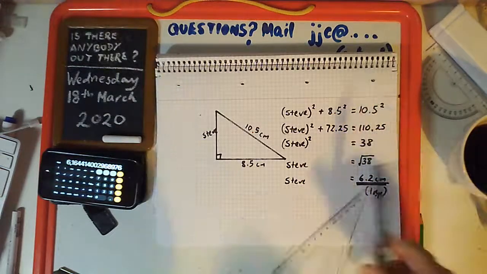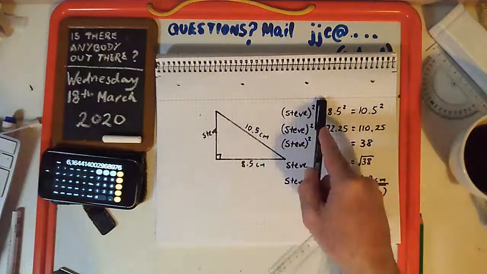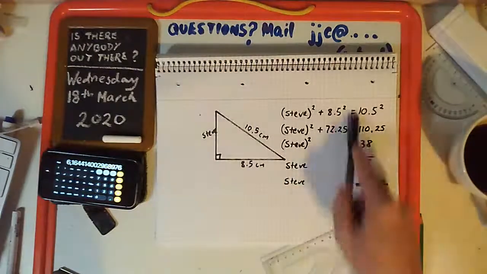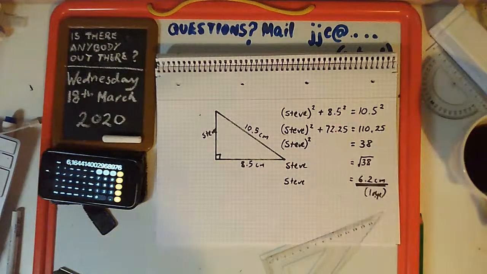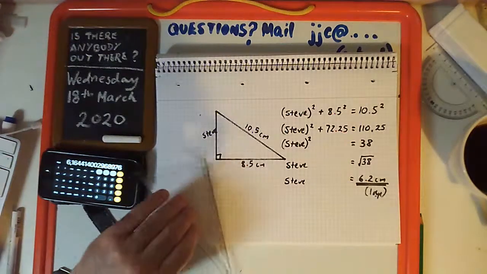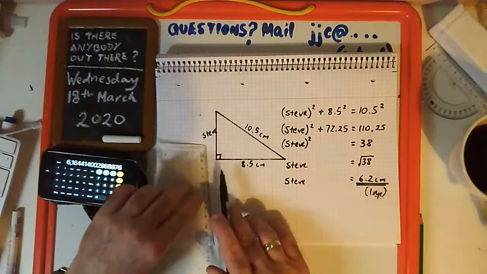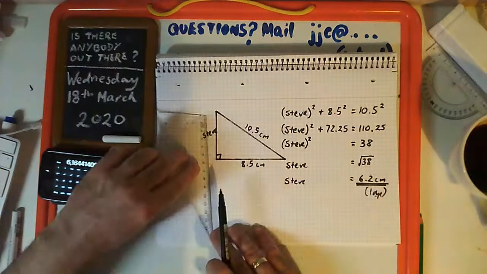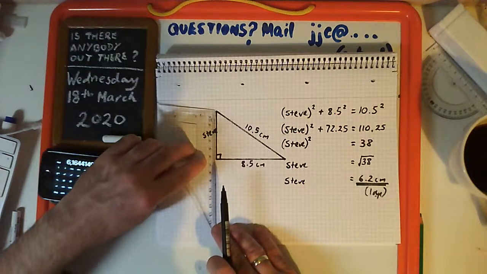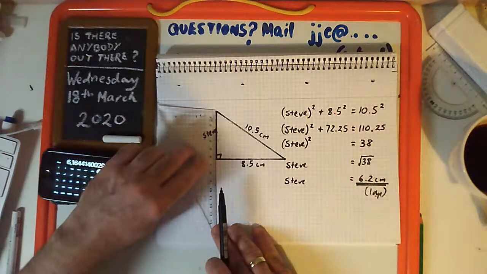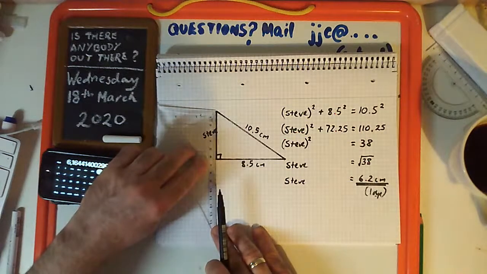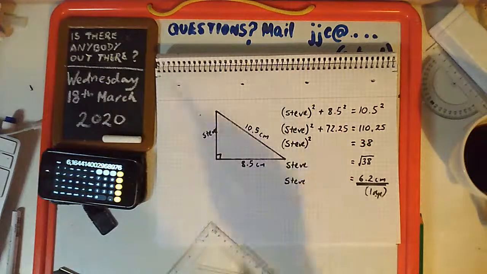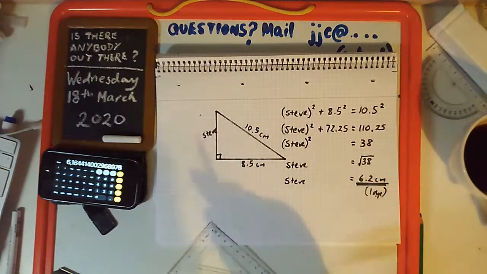Note how everything is lined up vertically so that you can follow the working and see where everything comes from. Let's just check whether that was right. That should mean that the triangle is 6.2 centimeters high, and lo and behold, that's pretty well right, bearing in mind that I'm using a very thick pen, so that's going to make me a little bit inaccurate.